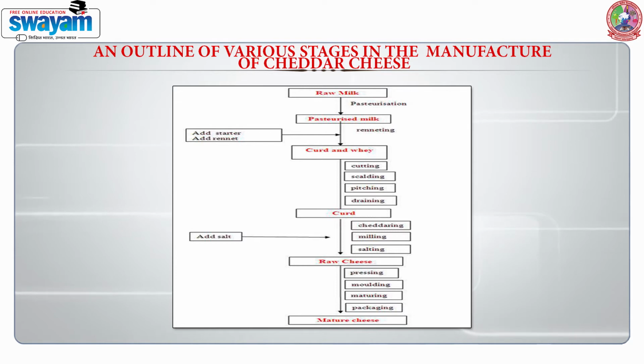The product so formed is cut, scalded, pitched and drained, resulting in the formation of curd. The curd is added with some salt and the process is known as cheddaring, milling and salting. This yields raw cheese. The raw cheese is pressed, molded, matured and packaged to form the mature cheese.